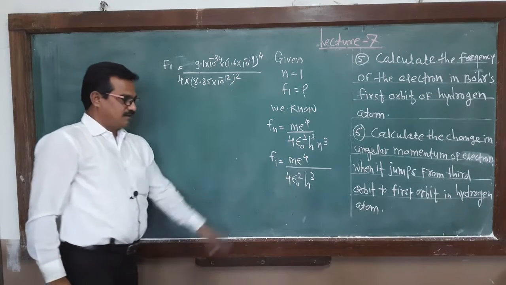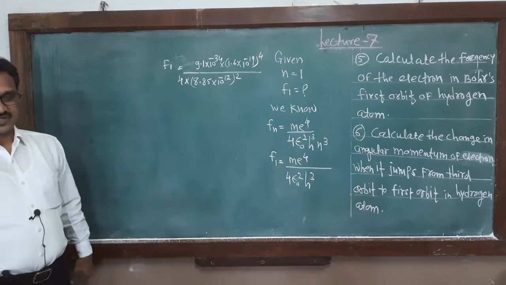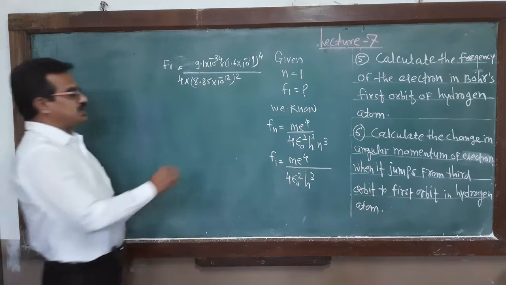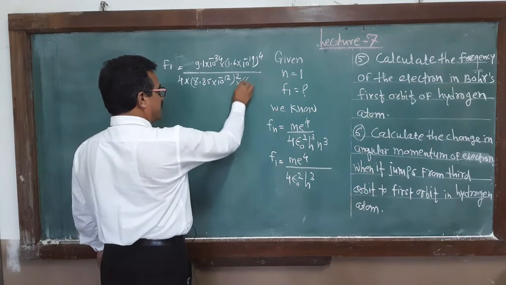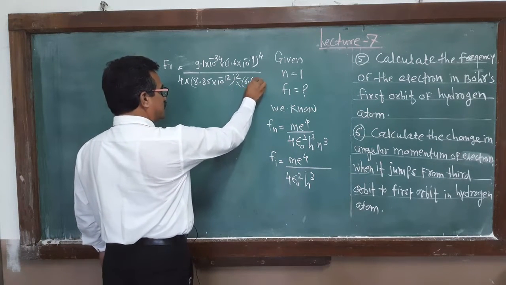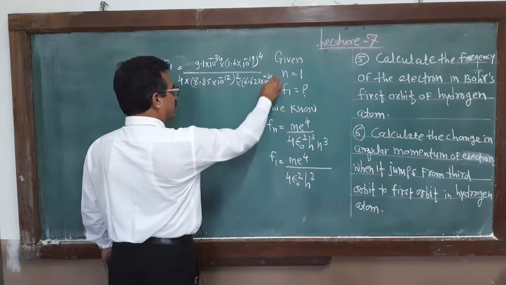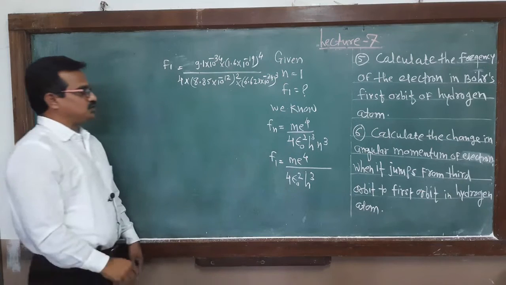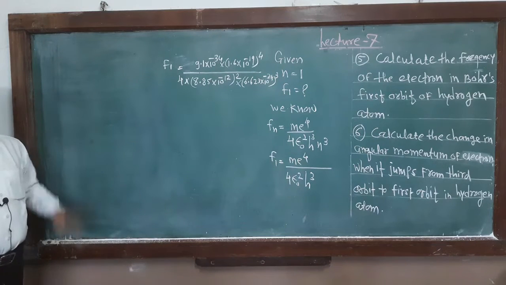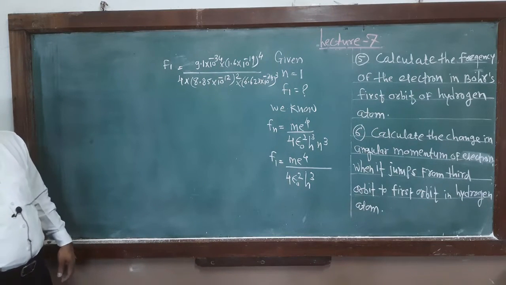What about h? h is the Planck constant, its value is 6.63 multiplied by 10 raised to minus 34, h cube. This is actually the substitution.